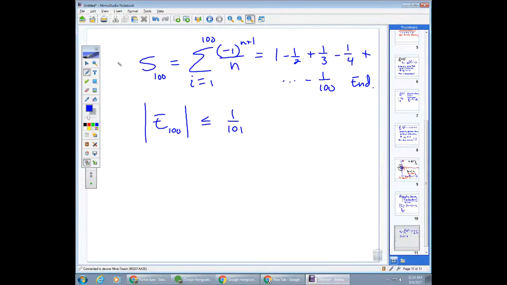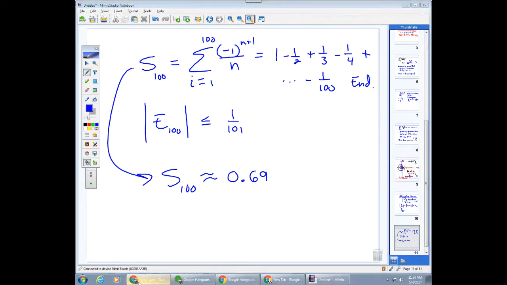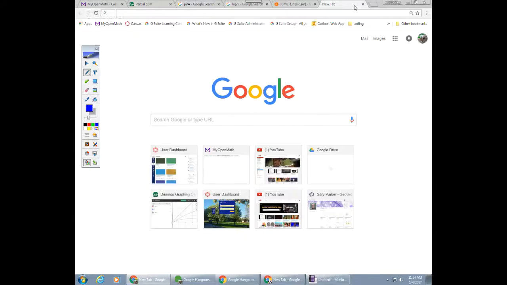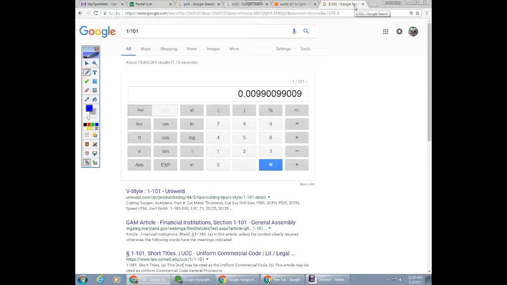So this sum right here is approximately 0.69. Now we happen to know the answer is the natural log of 2. I know time's up, but let me continue real quick. What is 1 over 101? It's 0.00990099, a lovely rhythm to it.